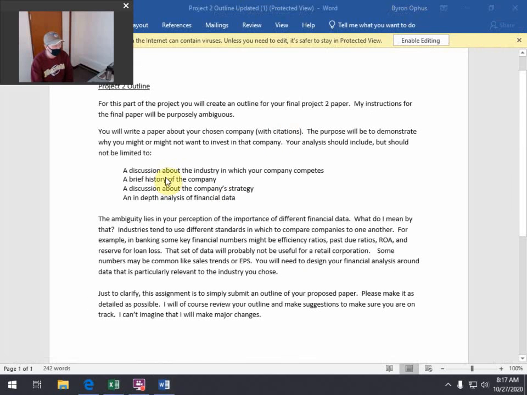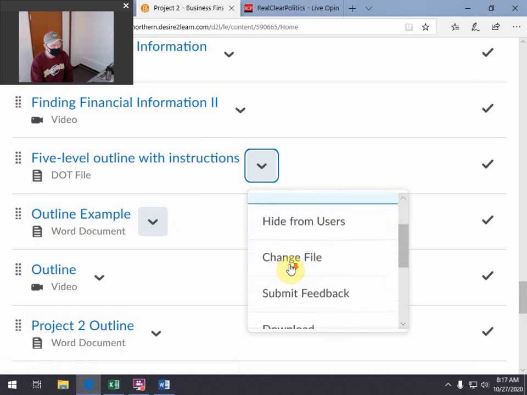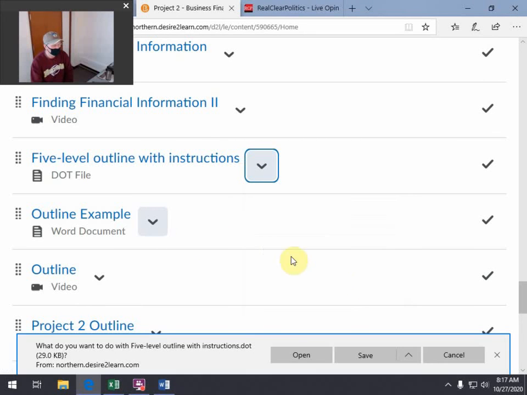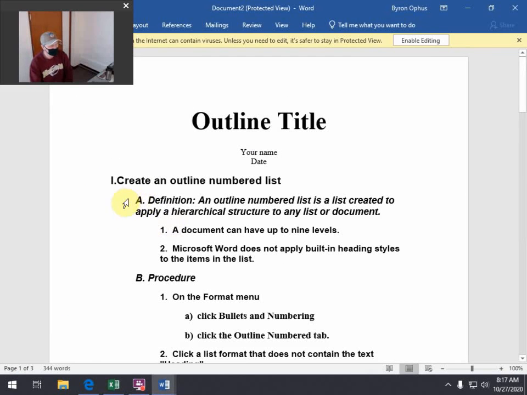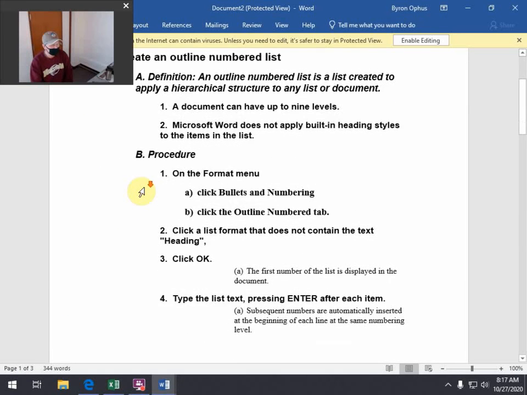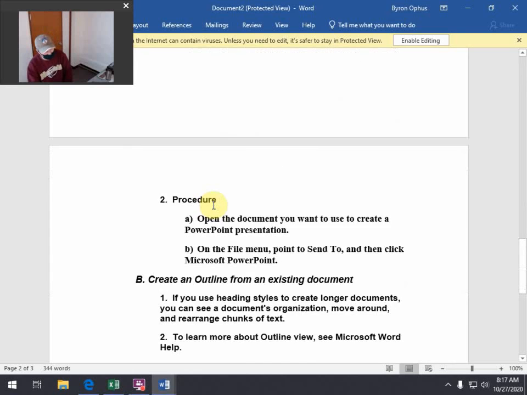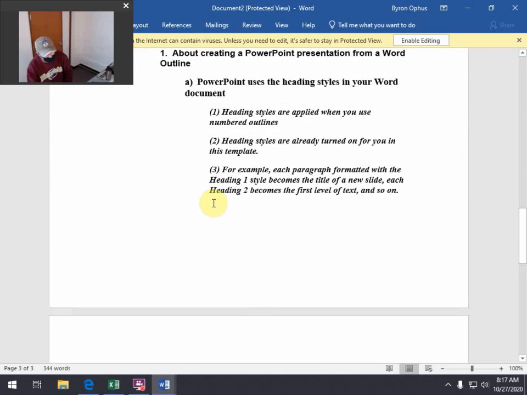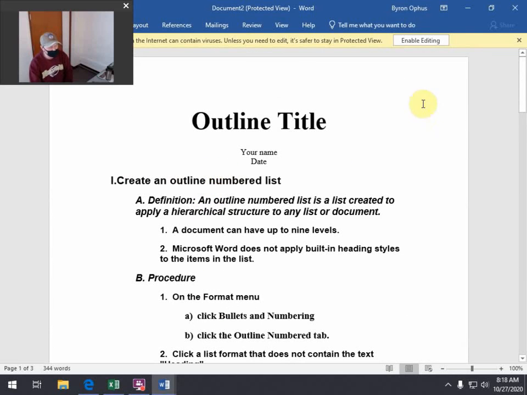Feel free to use that, but you don't have to. I think I've got another one here. This one tells you more about how to set up an outline, but it's also in outline form, so you could use it as well.